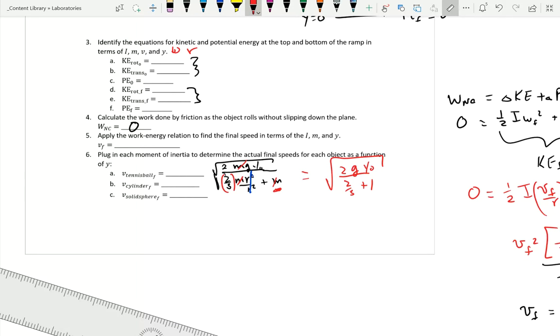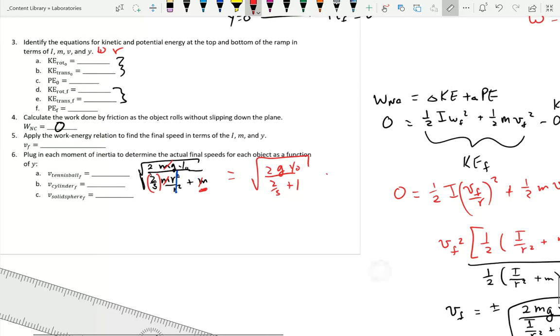M divided by M is 1. That's what we did. So if we put that together, that's the square root of 2GY0 over 5/3. Now I can put the 3 on top after I did it correctly. So that's for the tennis ball.